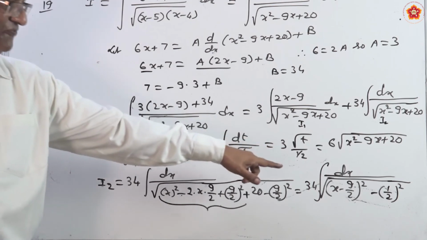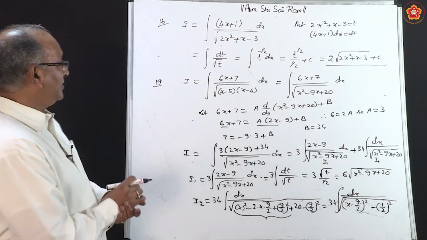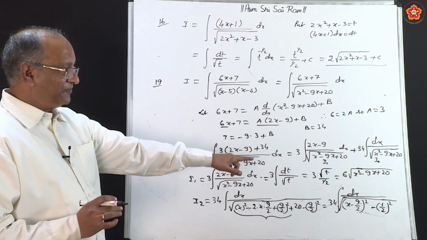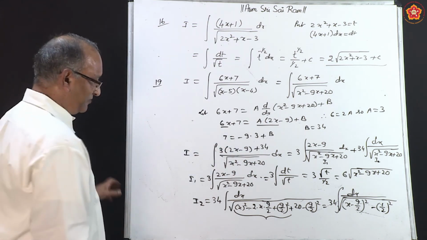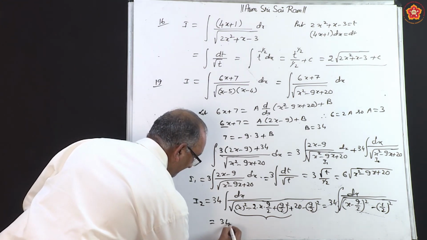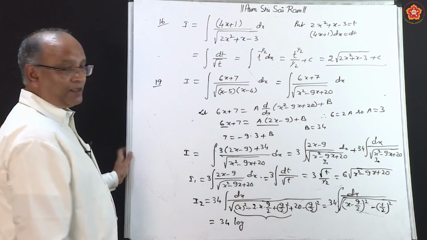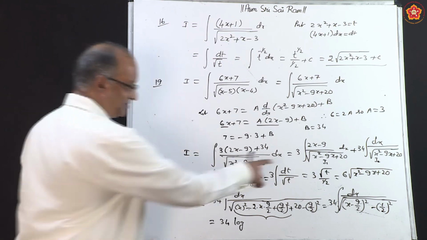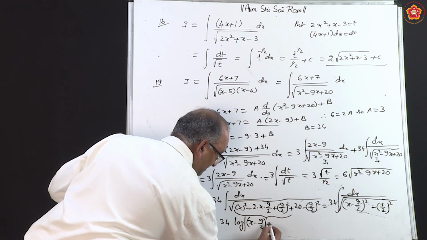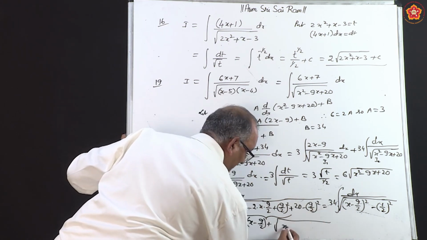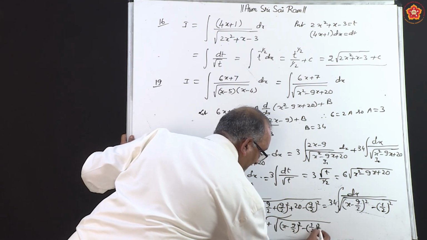And we have a formula for the integral of dx upon under root of x square minus a square. Use that formula. What is the formula? The formula is log of x, where x means x minus 9 by 2 in our problem, plus under root of x minus 9 by 2 whole square minus 1 by 2 square.